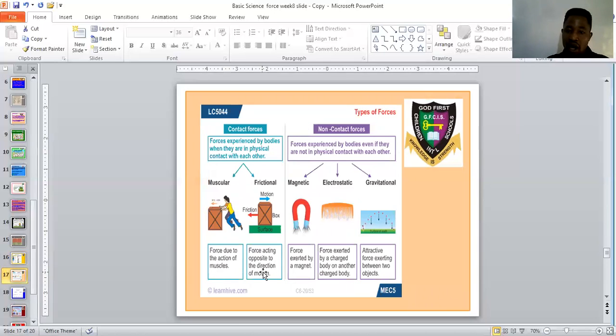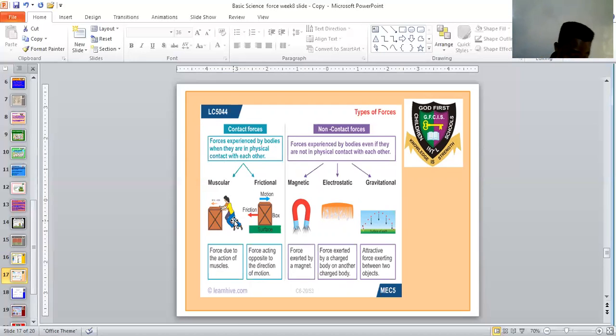You can see another explanation of contact and non-contact force. Force experienced by bodies when they are in physical contact with each other, that's contact force. An example is muscular force. You can see these guys pushing this box. And in order to get the box pushed, they need to use muscular force. That means their strength, their energy.